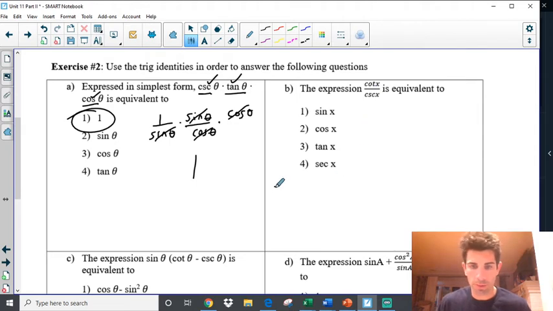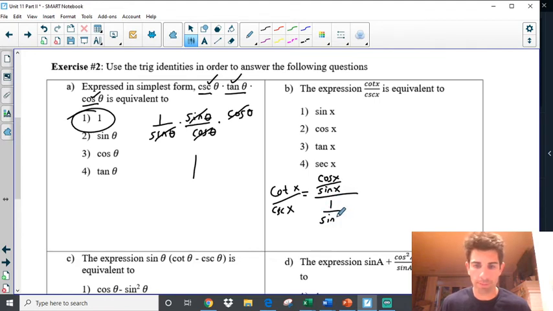Here we go. Let's write it like this over here. Cotangent x cosecant x. So cotangent was the same as cosine over sine. Cosecant is the same as 1 over sine. Okay, so here you have your fraction divided by a fraction.